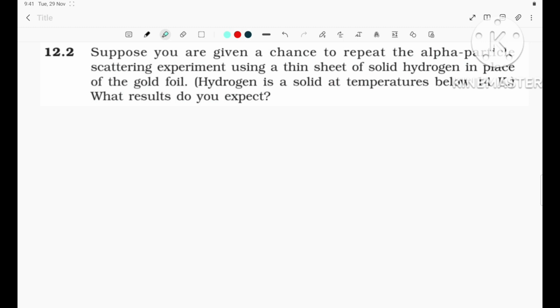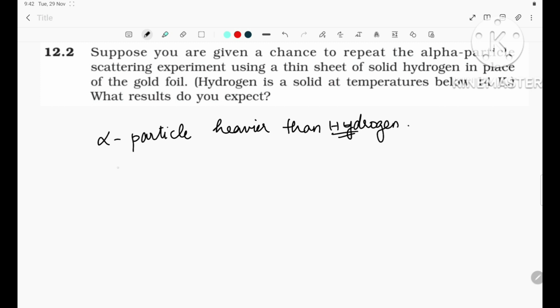So what happens here is the alpha particle is very much heavier than hydrogen. So this alpha particle will not be deflected by this hydrogen.